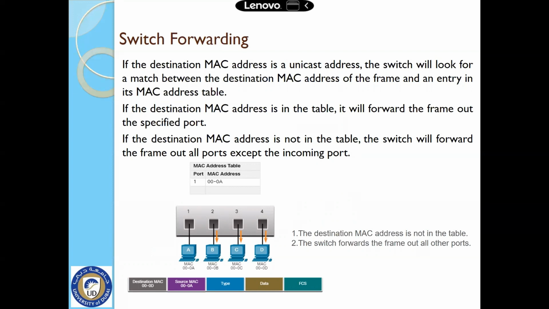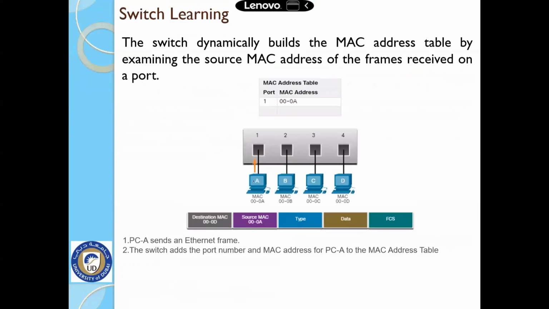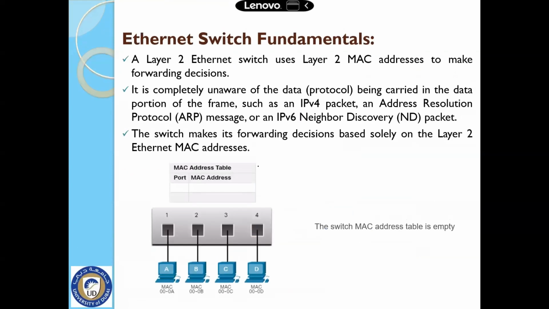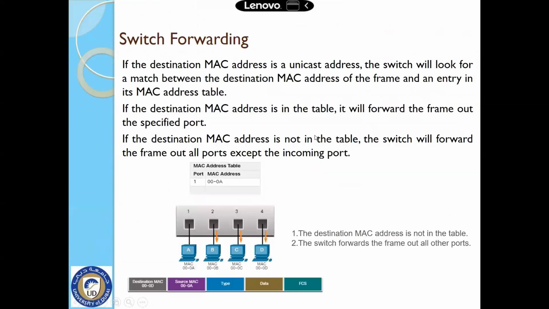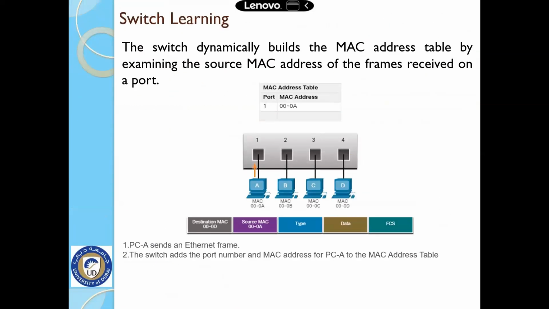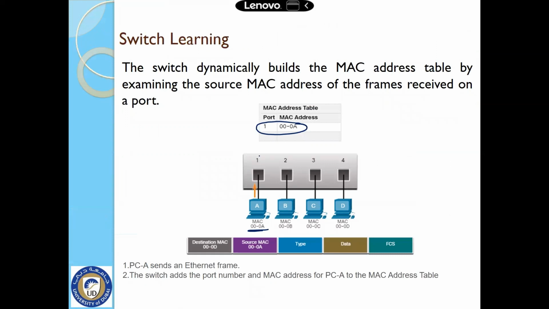But if the destination address is not in the table, the switch will forward the frame out to all ports except the incoming port. So that's the case here. So initially we had the table empty, like in this case. This is an empty table. So host A sends a message to the Ethernet, then the table will be updated. So the table is still quite small. It has only one entry.